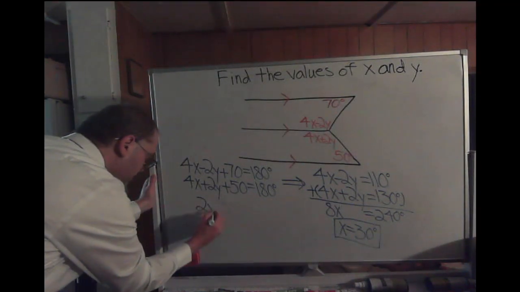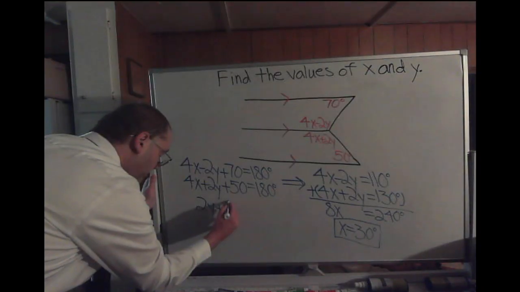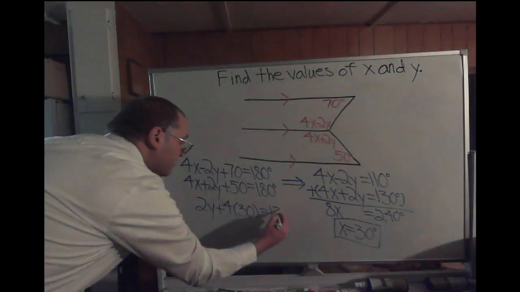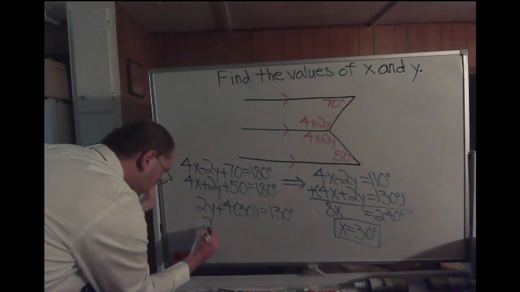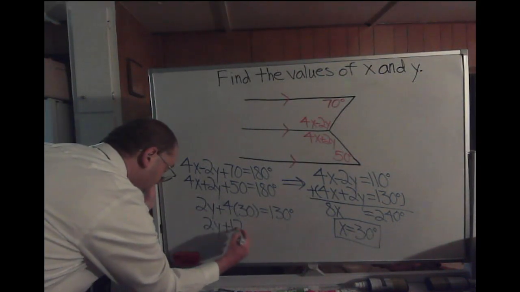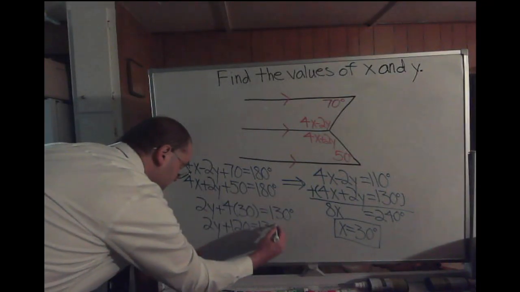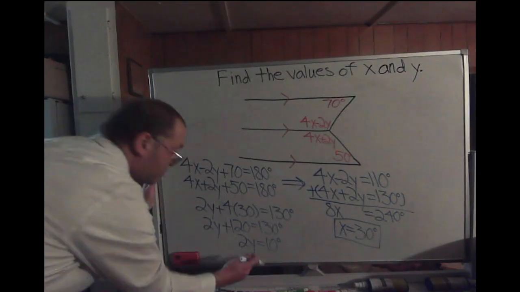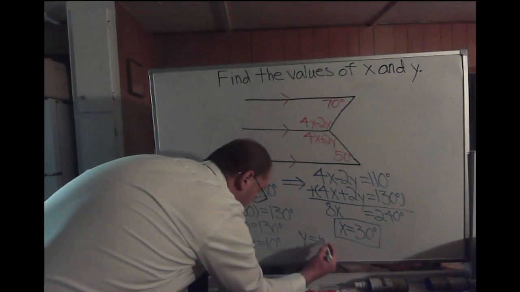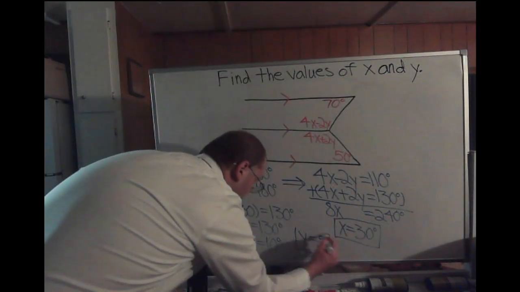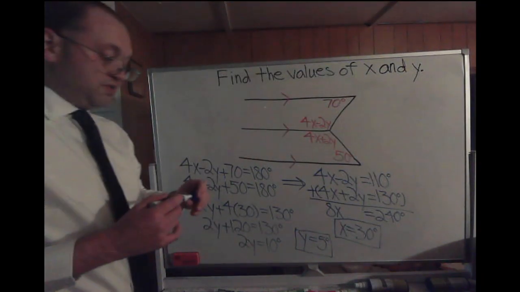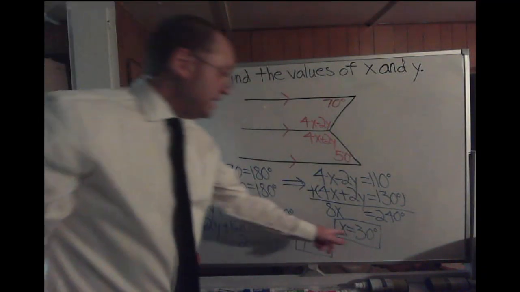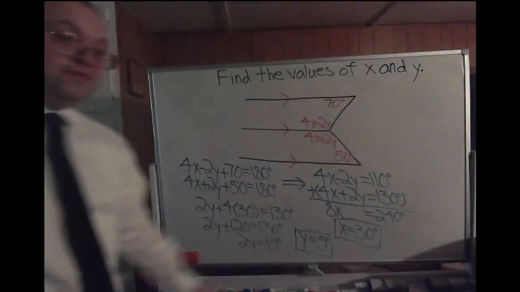You'll end up having 2y plus 4 times 30 equal to 130 degrees, which would mean 2y plus 120 equals 130 degrees, which then means that 2y equals 10 degrees, which then would just give you that y is equal to 5 degrees. So again, by using same side interior angles being supplementary to each other, and then solving a system of equations, we get that x equals 30 degrees, y equals 5 degrees.